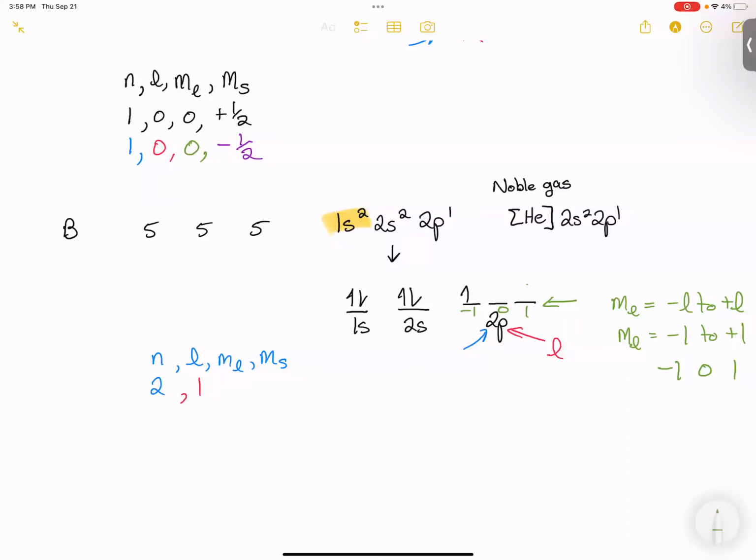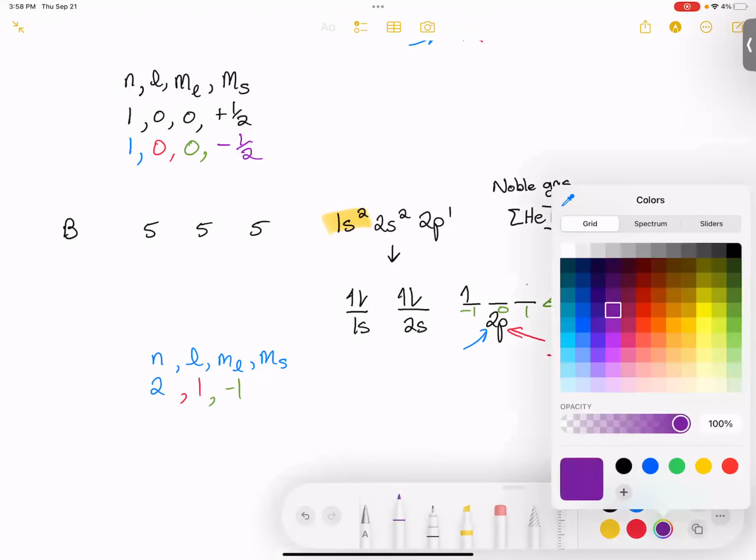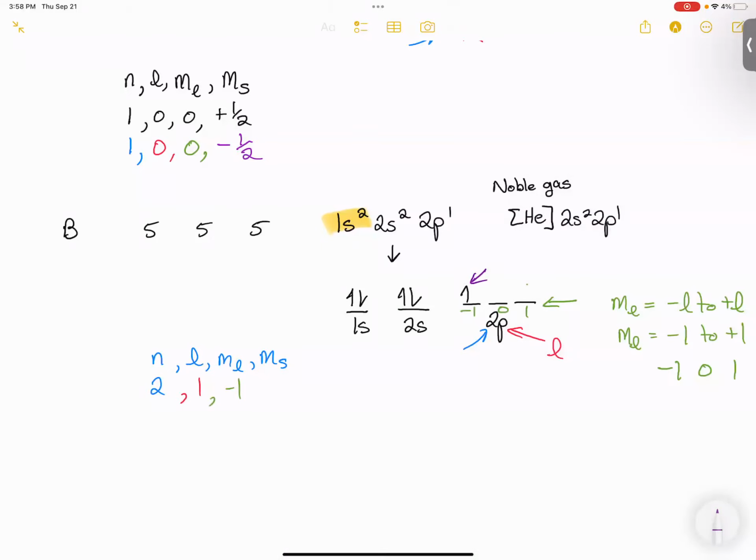So I would record this one as a -1, because it's sitting on the -1 line. And then it is spin up, which is the last piece of the puzzle. So this is a +1/2. Those are the quantum numbers for that electron that was added to the 2p.